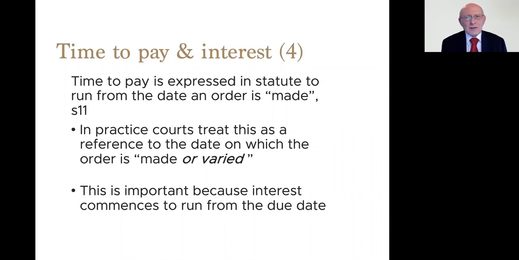The interest has got to run based on the date the order was varied, even though it doesn't say that in the statute. And similarly, what courts do is they tend to regard themselves as having the authority to allow the defendant 3 months after the date the order is varied to make payment, or a further 3 months after that. In other words, all those provisions that apply to when an order is made are in practice applied by the court also to when an order is varied under section 22.